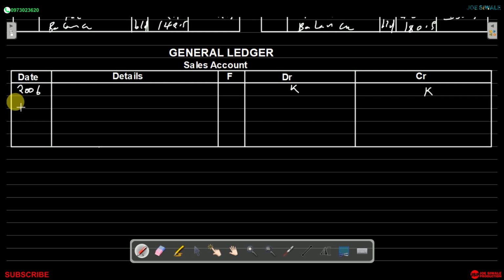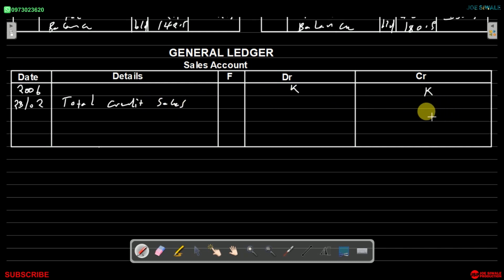So say 28th of February in the sales daybook, and in the details column we're going to say total credit sales, and that amount is going to be shown on the credit side of the sales account.